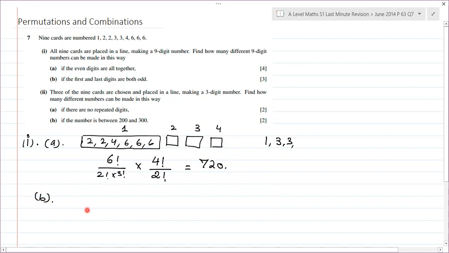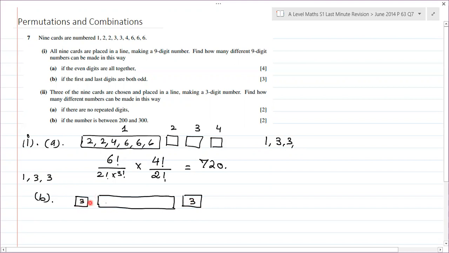Now part B. If the first and the last digits are both odd, so the first digit being an odd digit, then we'll have numbers over here, and the final one being an odd one. So since the odd digits we have in the 9 digits are just 1, 3, and 3, I'll start with 3 and I'll end with 3.